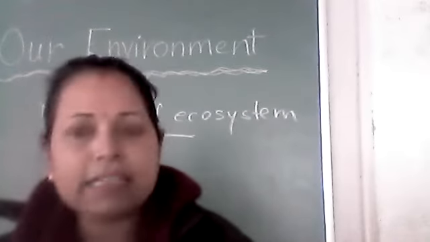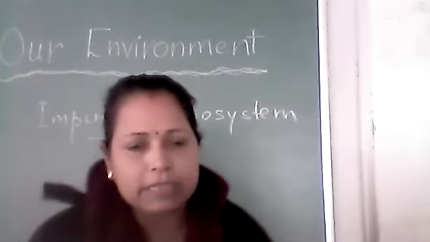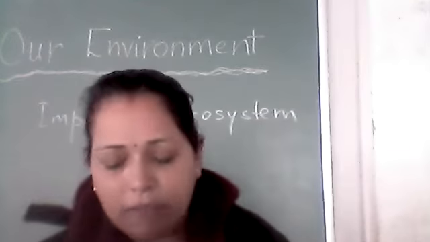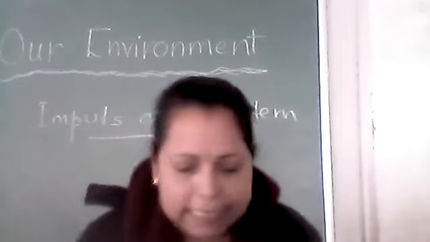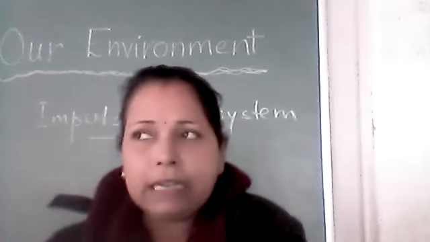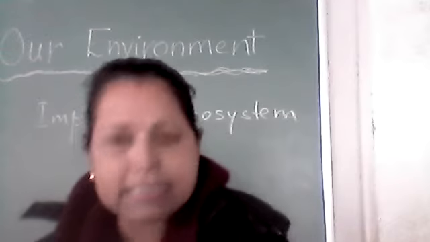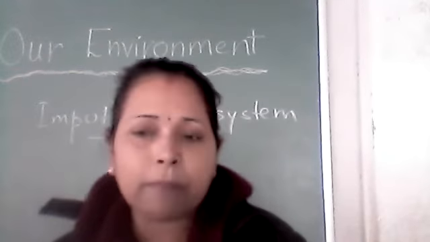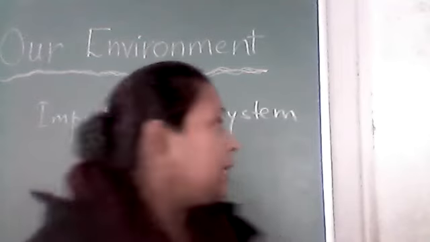Very good, sun. So our ecosystem does not have its own source of energy; it gets the energy from the sun. ये sun से energy को लेता है. तो input की जब हम बात करें तो first one is energy.